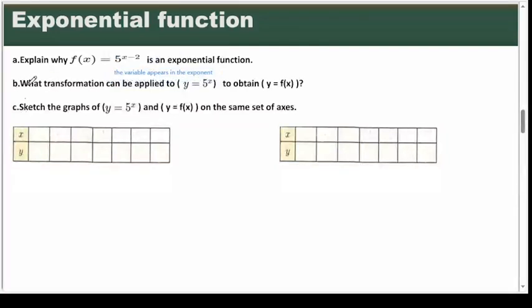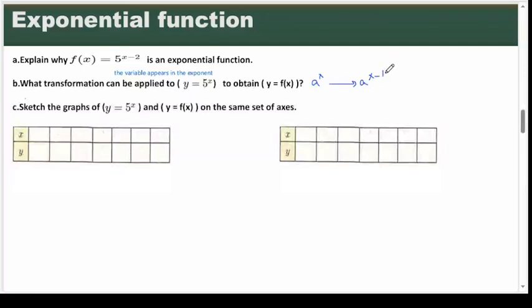Part B asks what transformation can be applied to y equals 5 to the power of x to obtain y equals f of x. That means y equals 5 to the power of x minus 2. If I have a to the power of x, then I can translate this function to the left side or right side.